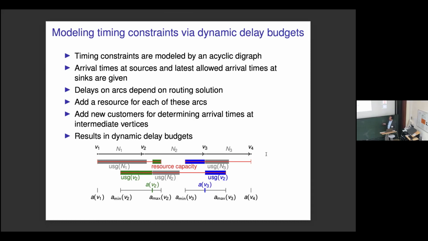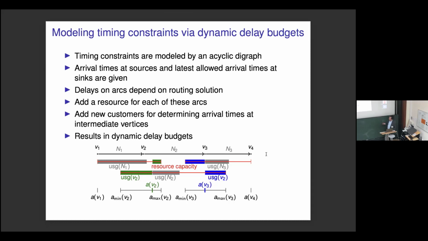And now what we define is a resource for time that has this time from the arrival time of V1 up to the latest of V2. And similarly for the other edges. Now if I choose the arrival time of V2 here, then I would consume, because I choose it a bit earlier than the latest possible time, I would consume of this resource, and only the rest is available for the delay of the net.